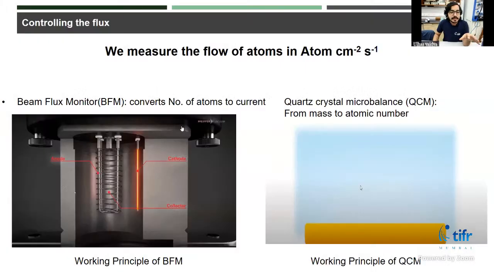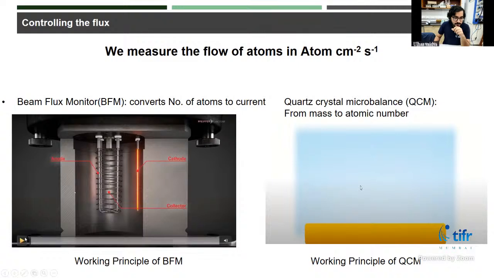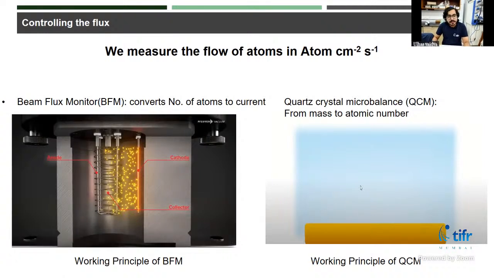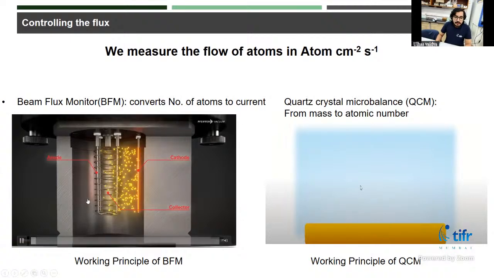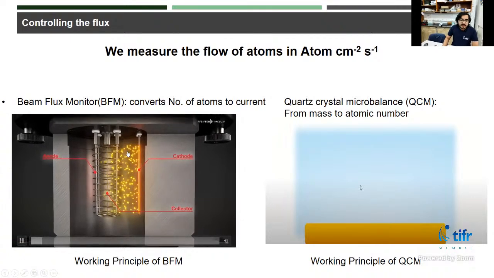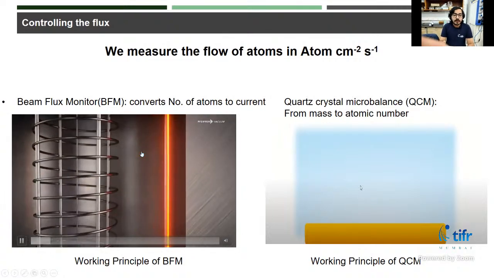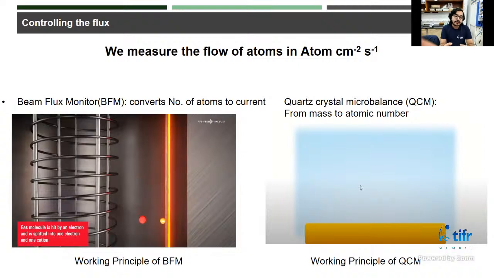Okay, so now let's explain the working principle of the beam flux monitor. So I'll play a video. So this is the hot cathode, which is glowing. Because of the heat, it produces lots of thermionic electrons. And if some molecules come in between the electrons, then the electrons will knock out some of the electrons from the atom, and it will make it a positively charged ion.